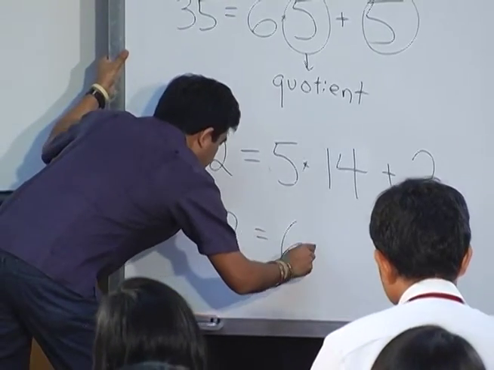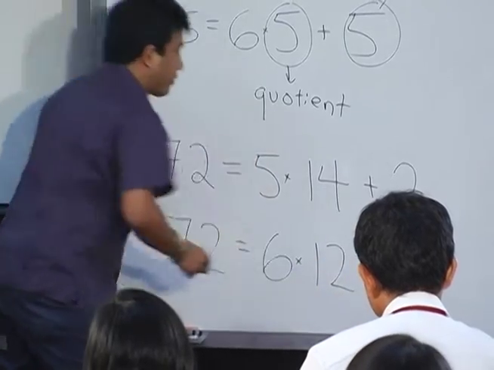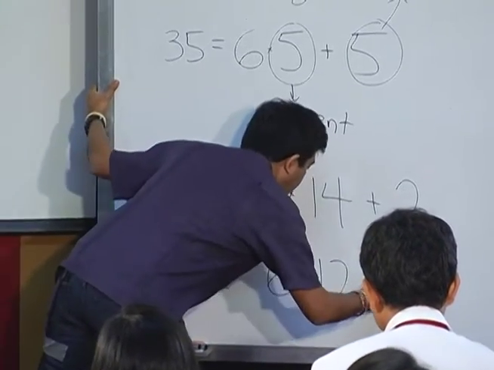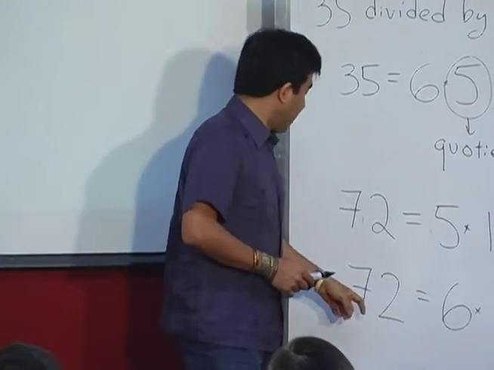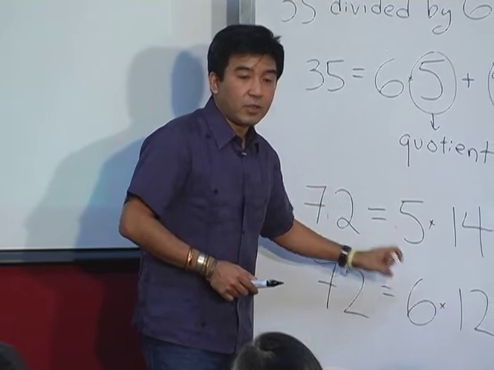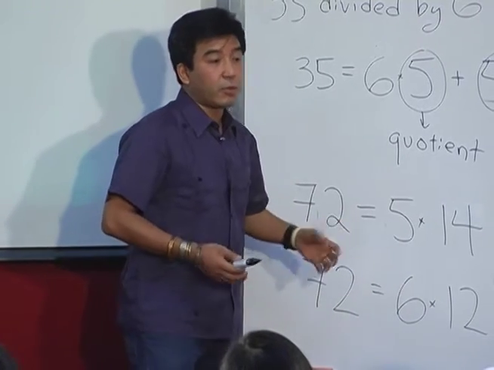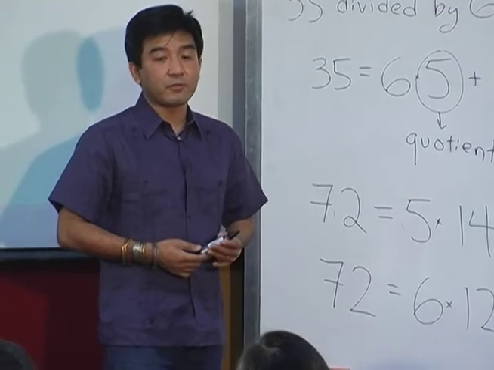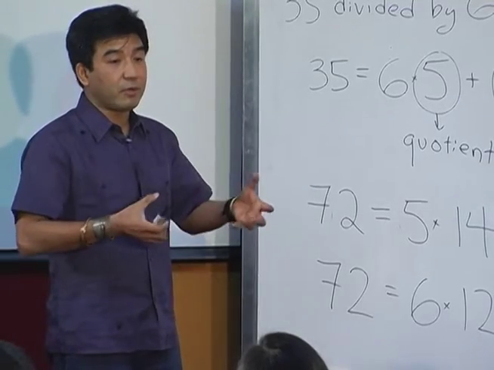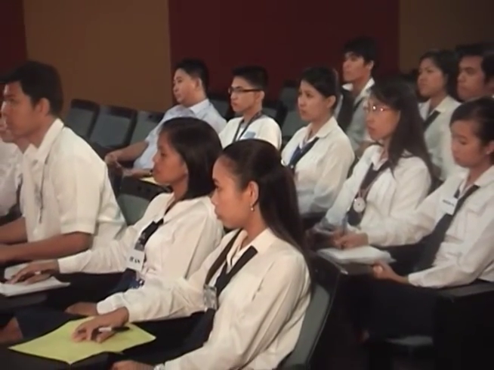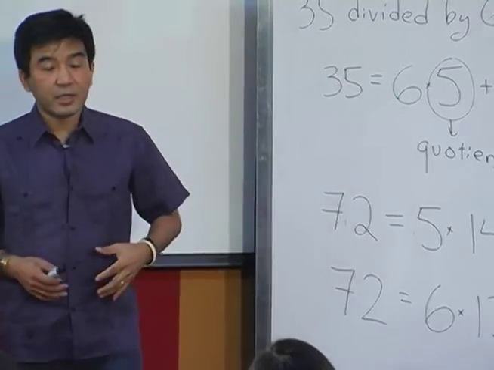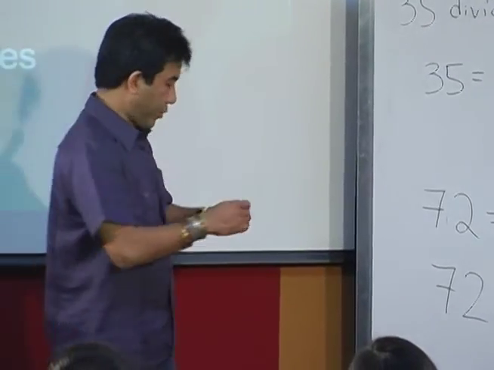So 72 is 6 times 12 plus 0. Whenever the remainder is 0, it means that 72 is a multiple of 6. Another way of saying that, 6 is a factor of 72, or 6 is a divisor of 72. So whenever the remainder is 0, then you have a complete division. Now, this way of writing a number in terms of its divisor, its quotient, and remainder is very important.